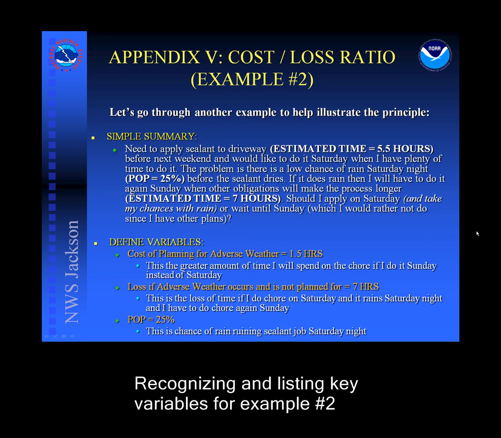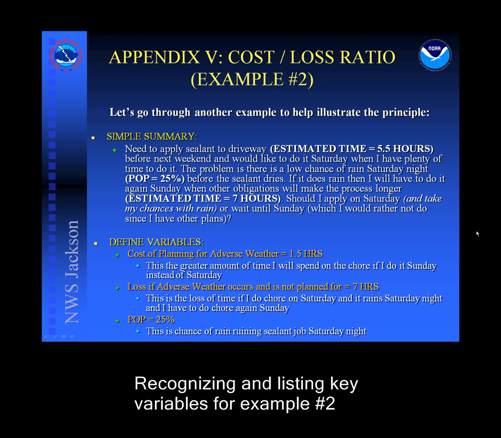So let's go through another example to help illustrate the principle. In this example, we need to apply sealant to the driveway, which takes an estimated time of 5.5 hours. We need to do this before next weekend, and we would like to do it Saturday when I have plenty of time to do it. The problem is there is a low chance of rain Saturday night.